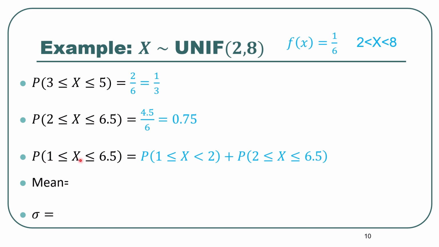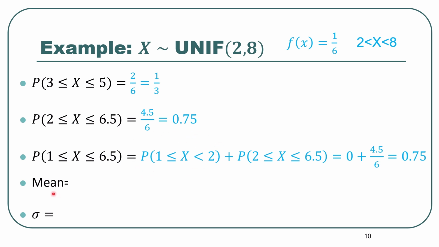I partition it just because in that piece the height is 1 over 6, and outside that range it has to be 0. So that first part is 0, plus the probability we had before, and we end up with 0.75 again, but we got rid of that part.